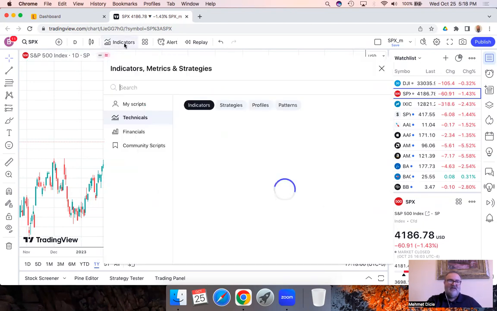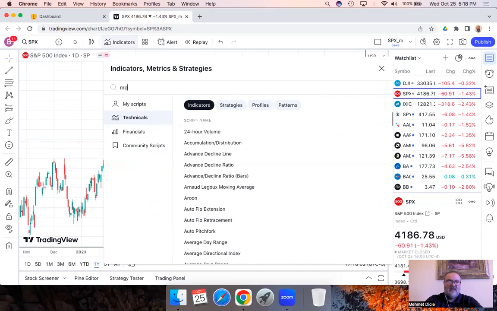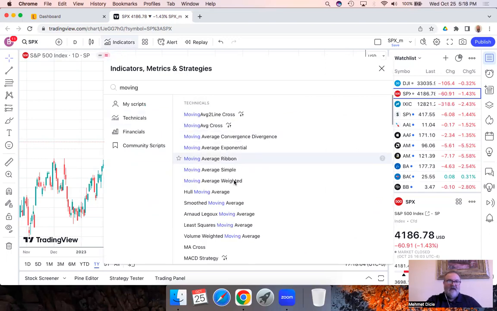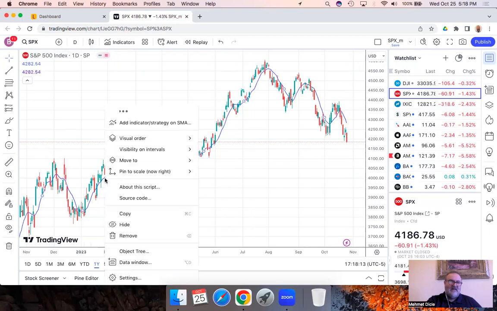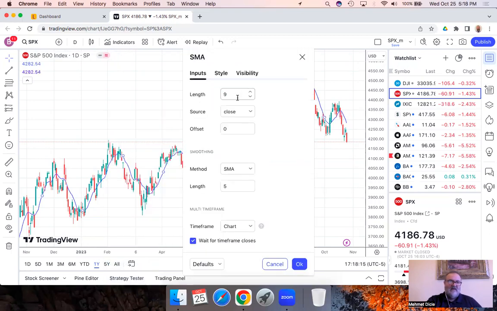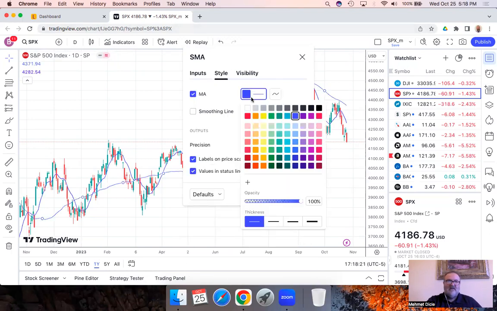Next, I'm going to include a moving average. I want to do a simple moving average, and I want to do two. The first one I'm going to make a 50-day, and let's make it, say, green.